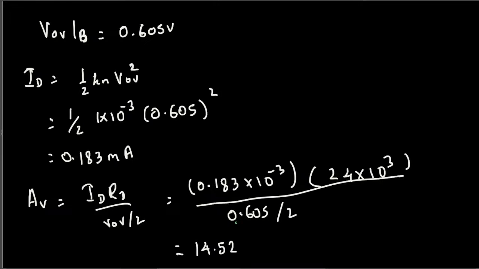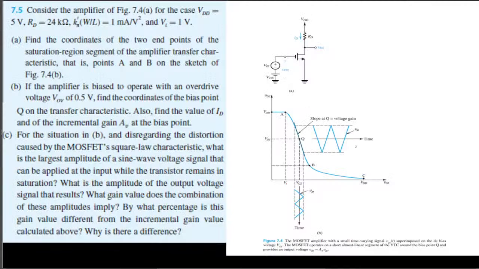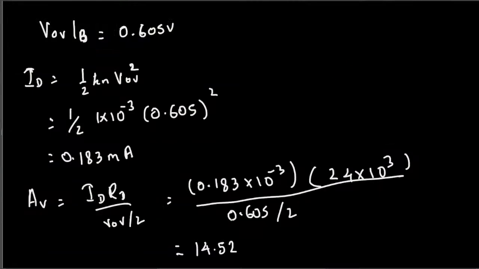Now we can go ahead and find out the voltage gain difference. We know the gain at Q, which I did in my previous video, that is 12, and we found out the gain at B, that is 14.52, so we can see the percentage difference.